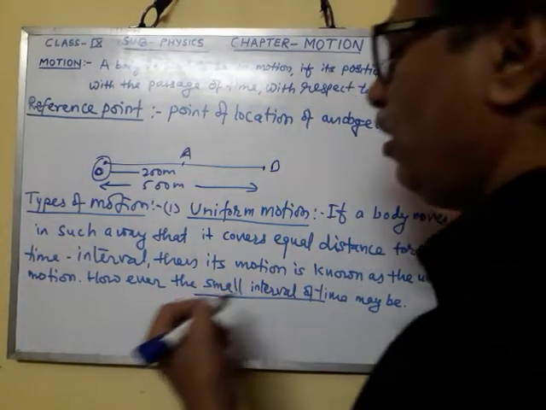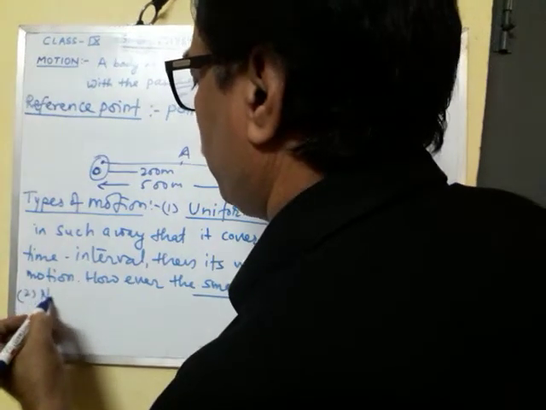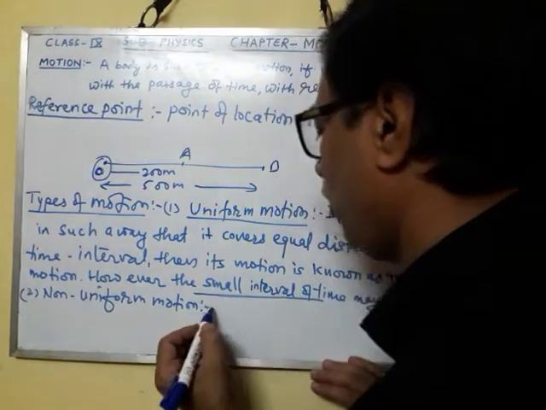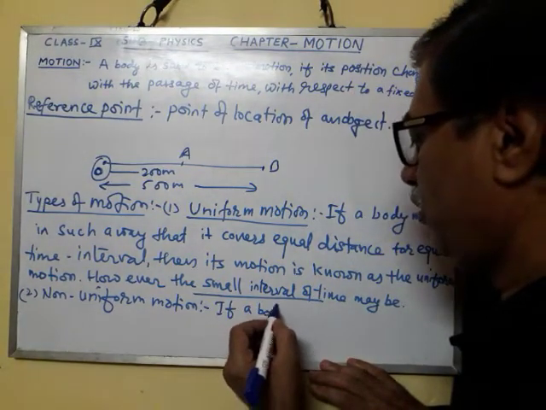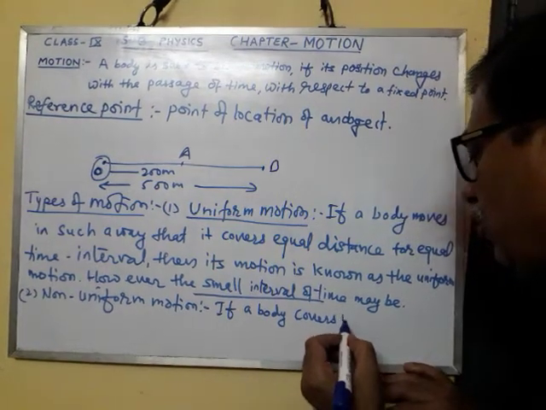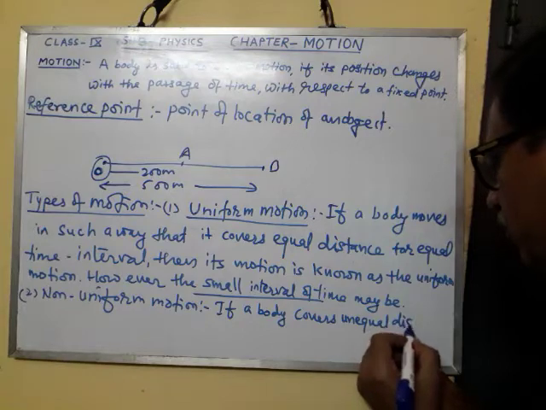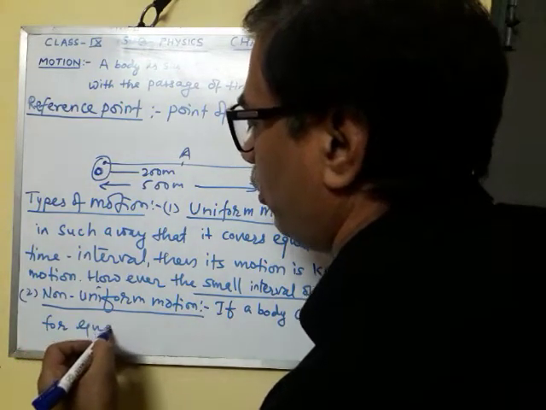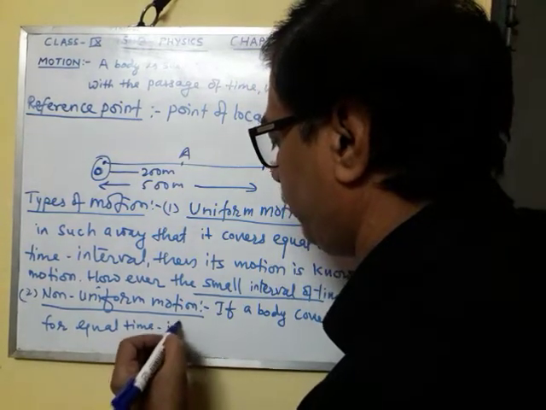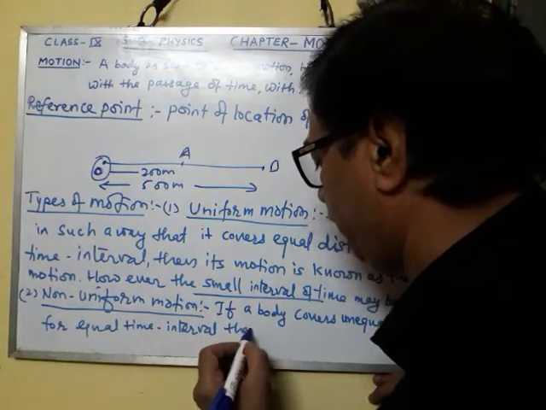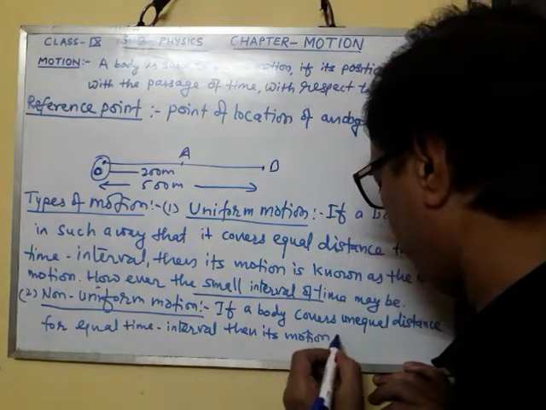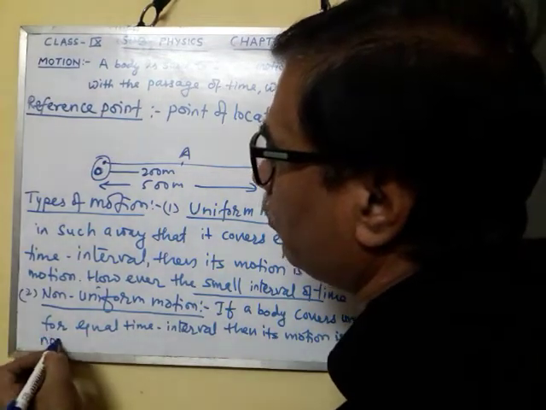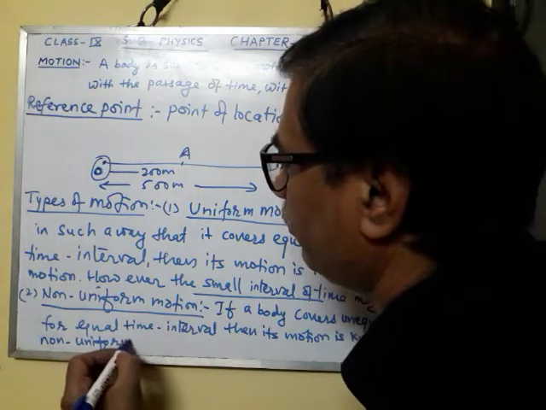Okay. Next one is non-uniform motion. If a body covers unequal distance for equal time intervals, then its motion is known as non-uniform motion.